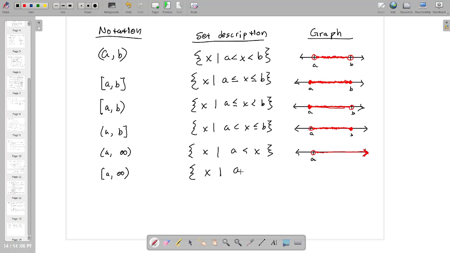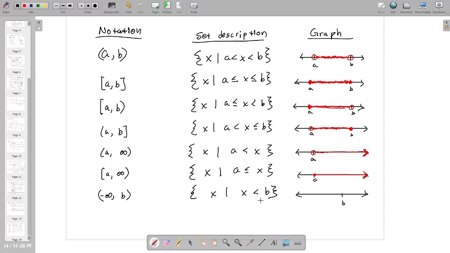X such that A is less than or equal to X. Because we have a bracket, we must have the equal sign, which means that we have a closed circle here at A. And then we have the same exact version for B, from negative infinity to B, open, so X such that X is less than B. We have an open circle because B is excluded.